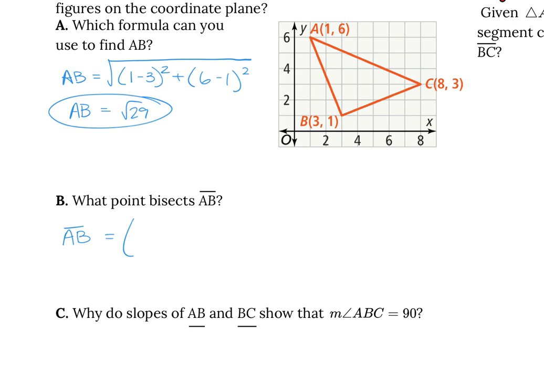Again, it doesn't matter which x I start with, as long as I'm consistent. So 1 plus 3 divided by 2. My y's, 6 plus 1 divided by 2. So that will end up simplifying and giving me the point 2 and then 7/2.